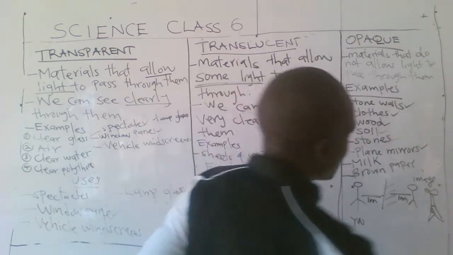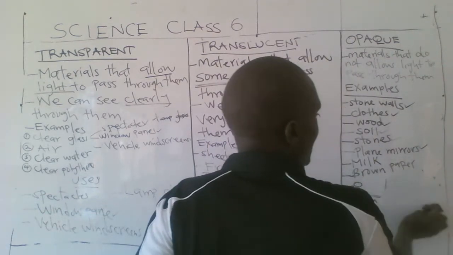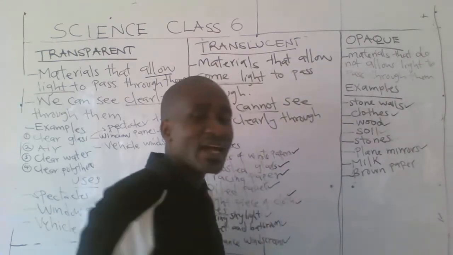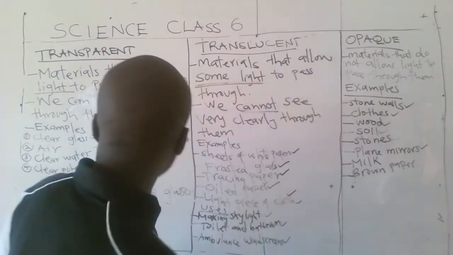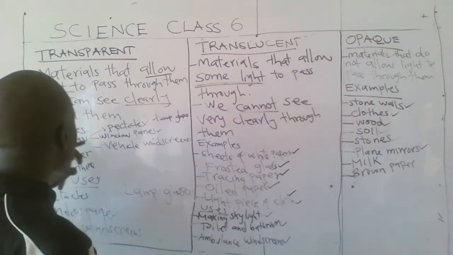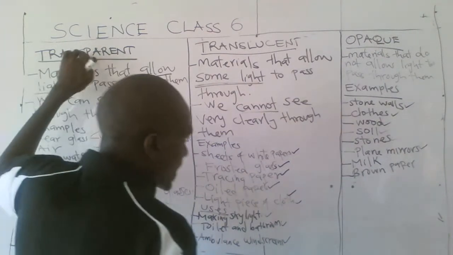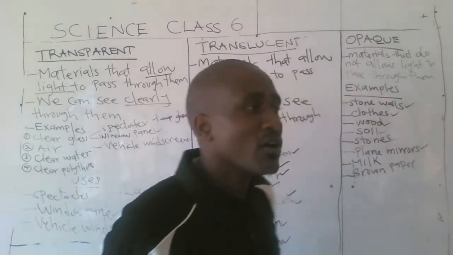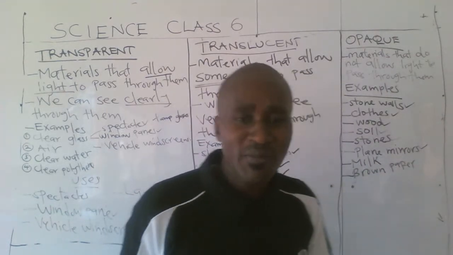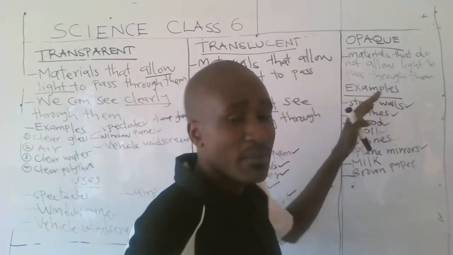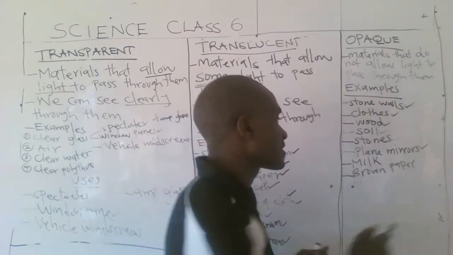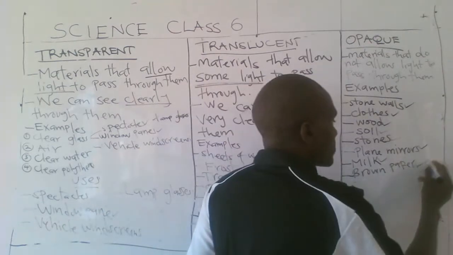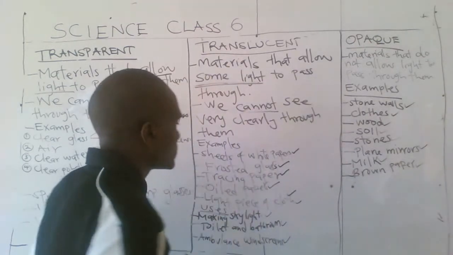So a plain mirror is not the same as clear glass. Those are two different things. When we talk of clear glass, that is transparent. When we talk of a mirror which makes you see your image, that is opaque. Mirror is an opaque object. Milk is opaque, and brown paper is an opaque object.